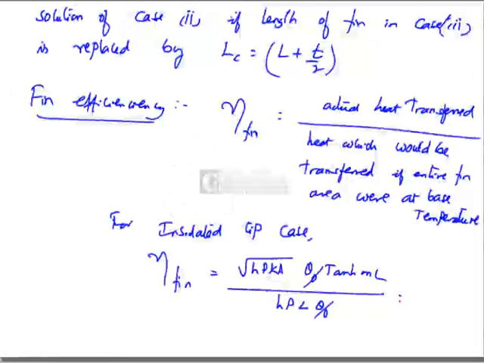So it becomes tanh mL by mL. This is the formula for efficiency of the fin for case 2, that is the insulated tip case. This case is very important. Insulated tip case is the most important among all the 3 cases.